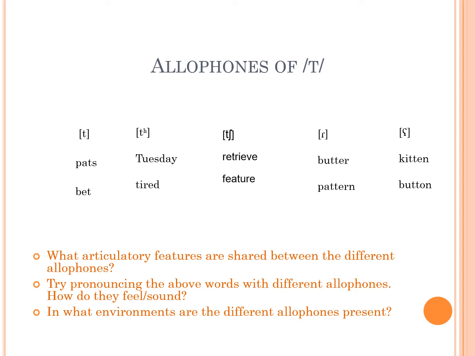Butter. Had to feel that for a second. And then we really have something that's very close to what is a glottal stop for most of us, for kitten and button. Depending on your dialect, you might have more of a flap and say kitten or button that's more flapped in there, that I can't even really do.